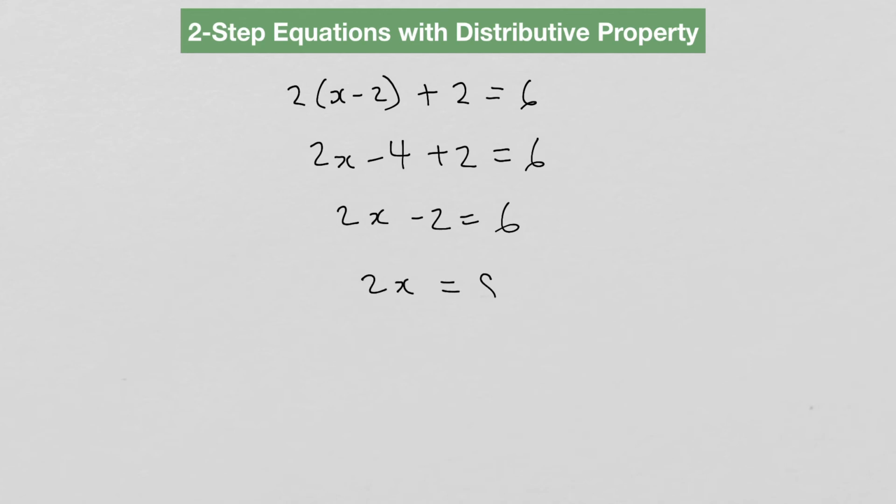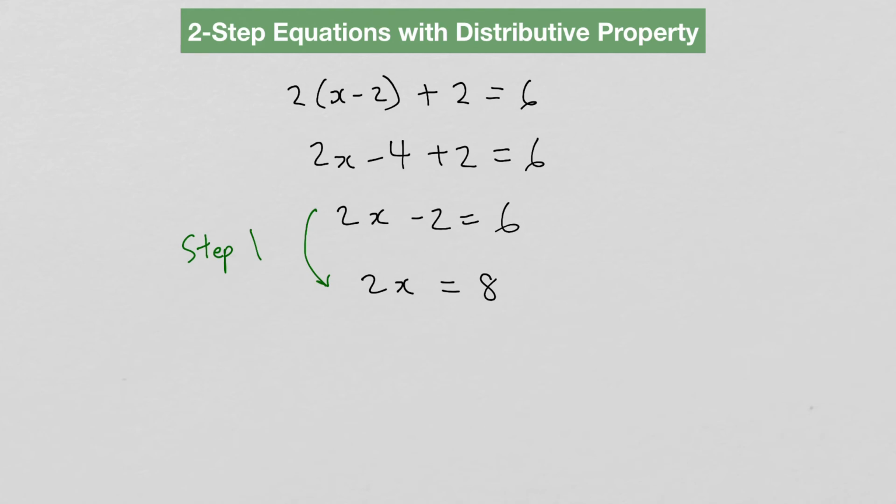We have to add 2 to both sides to eliminate the negative 2 on the left side. And on the right side, we add 2 to 6 and we get 8. So this is step 1. And then the last thing to do to isolate x on the left side is we have to divide both sides by 2. Because it's a product.